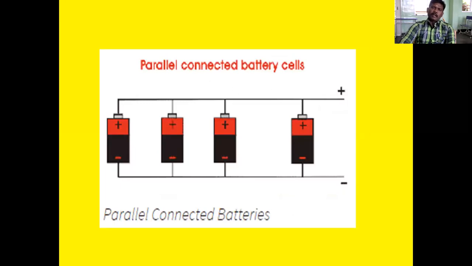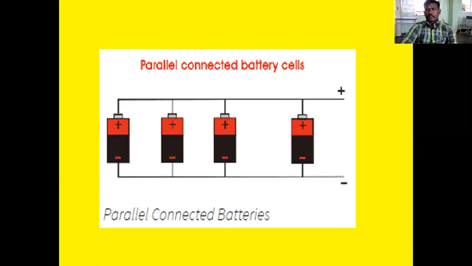This is a parallel combination. The parallel connection is nothing but all the negative terminals of the cells are connected together and all the positive terminals of the cells are also connected together. So these are parallel connected cells. This combination also produces a battery.